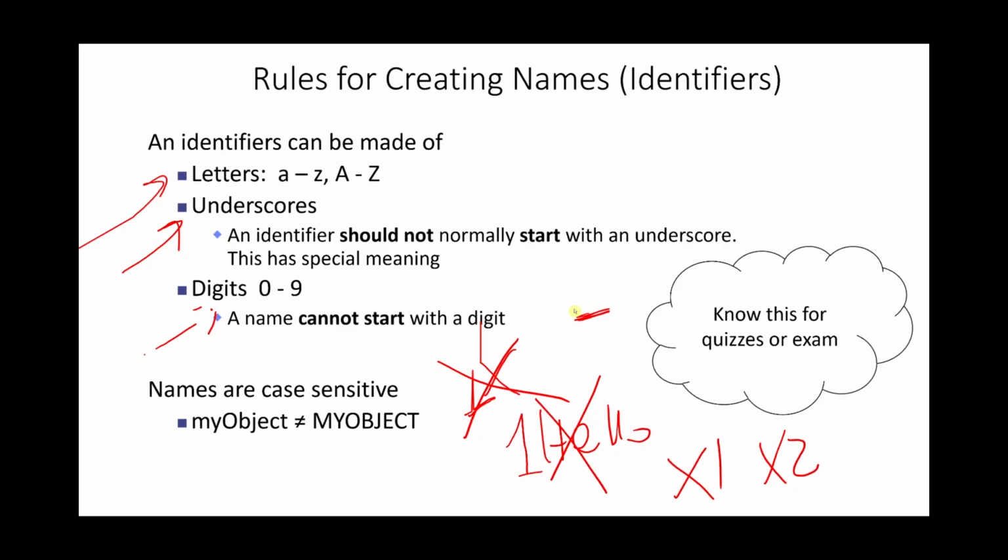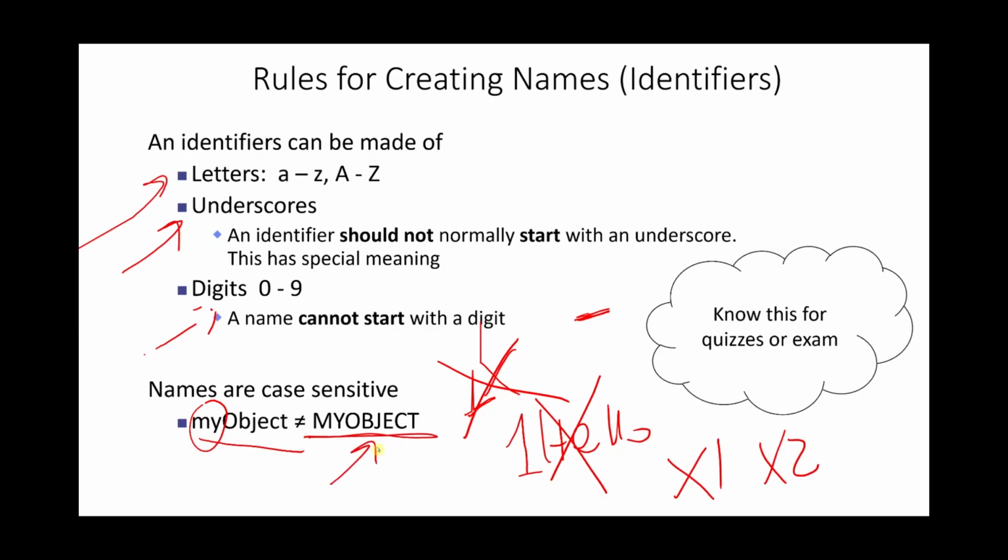So names, or identifiers, the names you just created, are case sensitive. Like when you have myObject starting with a lowercase m and y, it's not going to be equal to this one. This is a totally different variable.